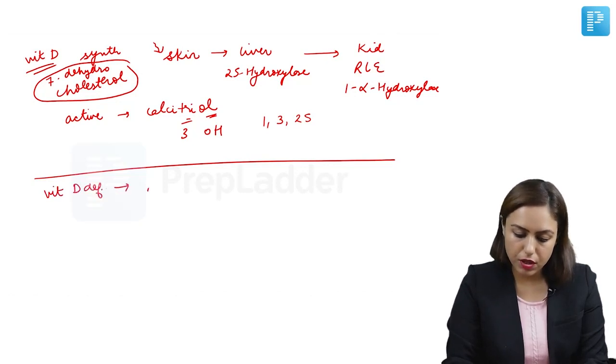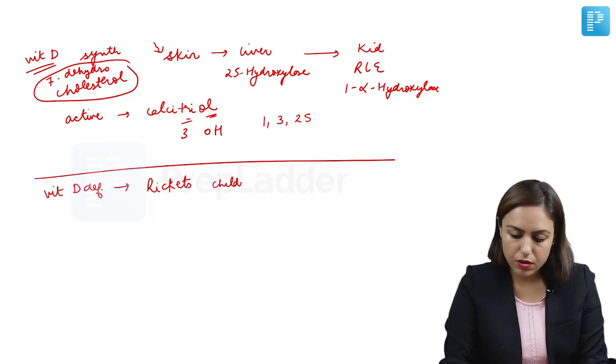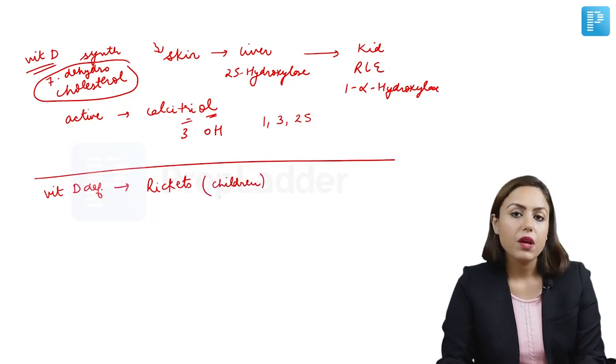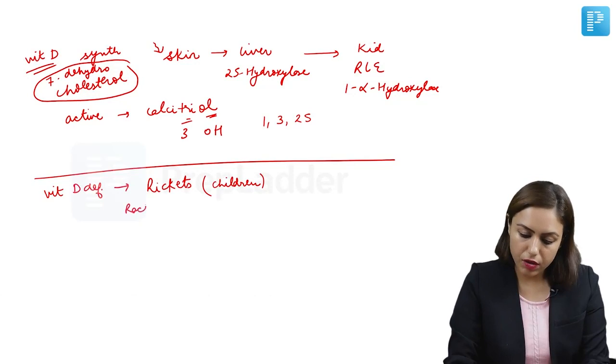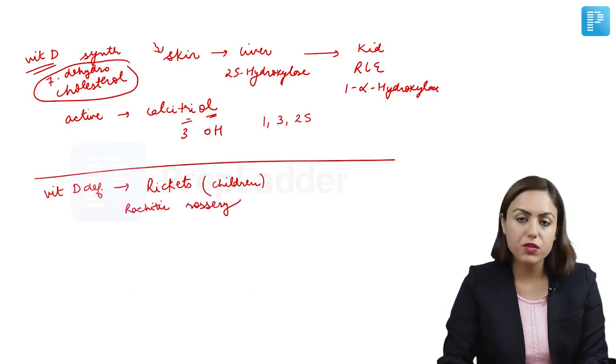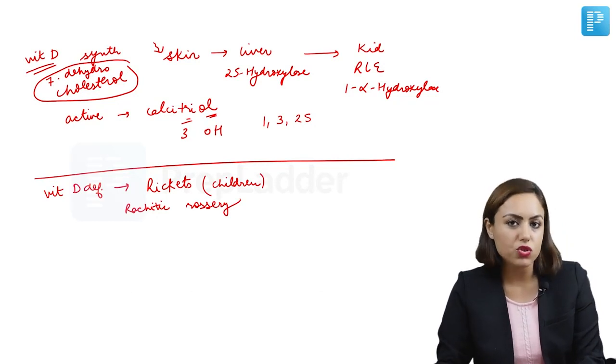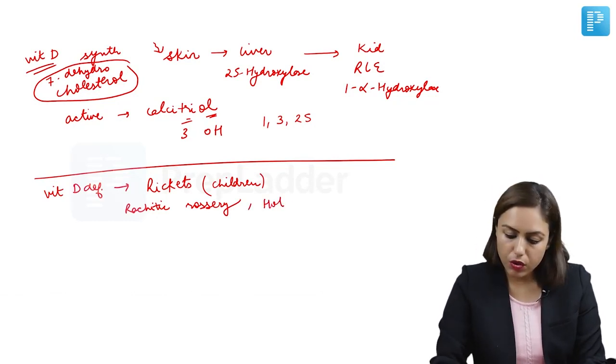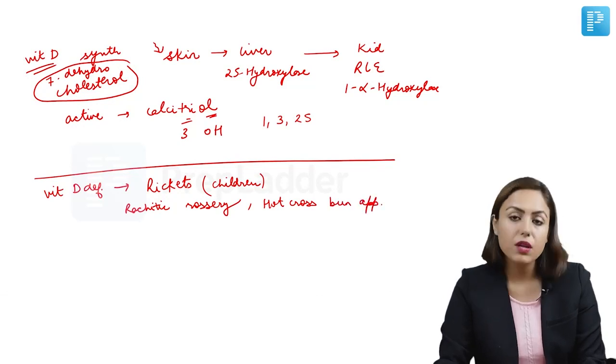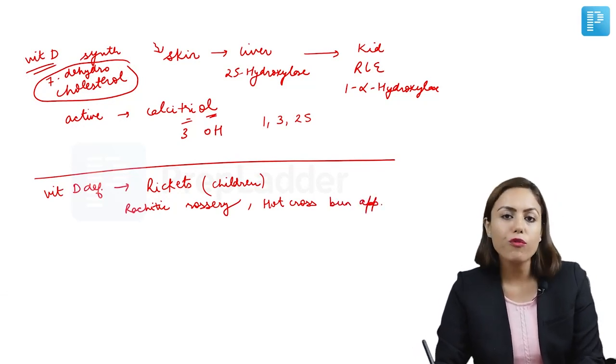Then vitamin D deficiency. Vitamin D deficiency will lead to rickets in children, where there is rachitic rosary, that is beaded appearance in the ribs in the chest. Then hot cross bun appearance of the head due to non-closure of the fontanelle.